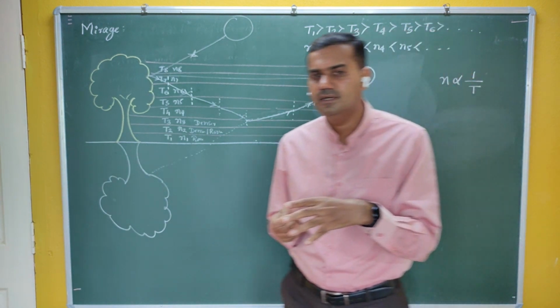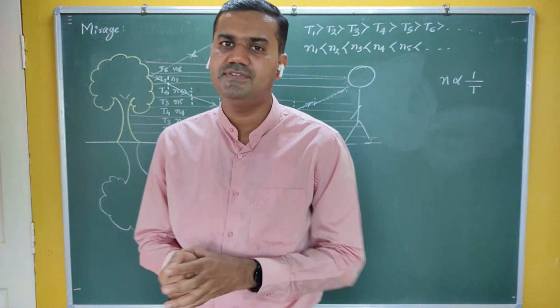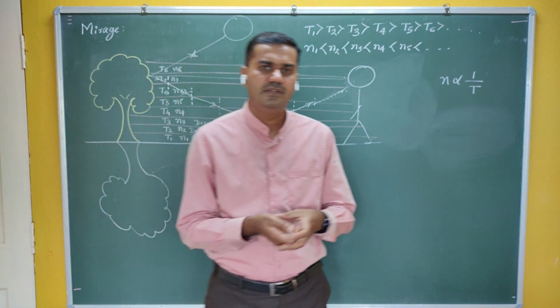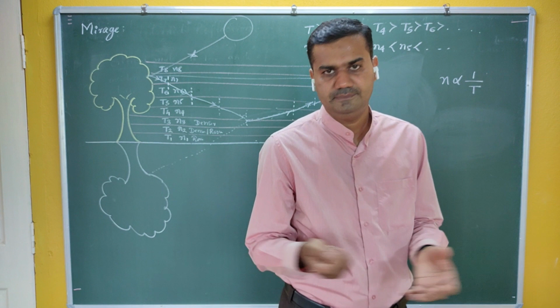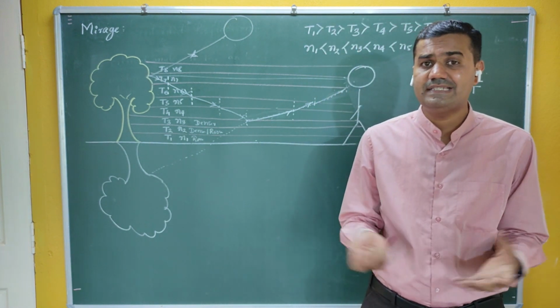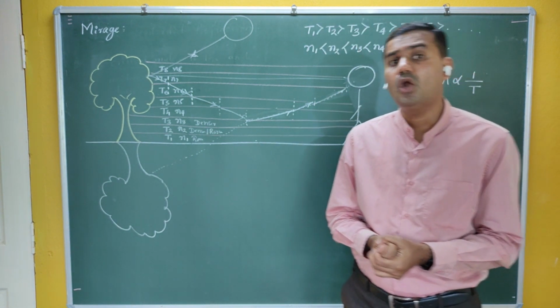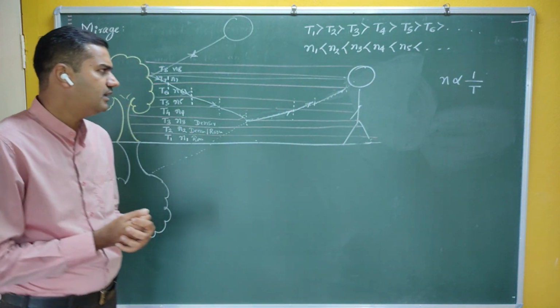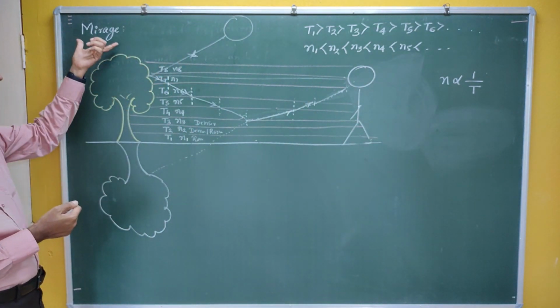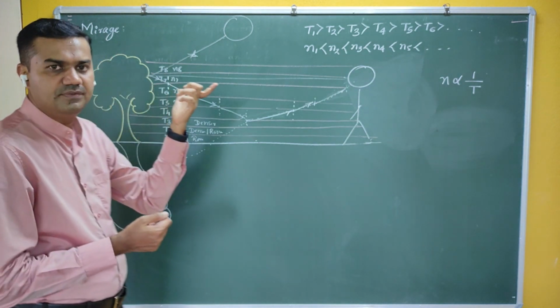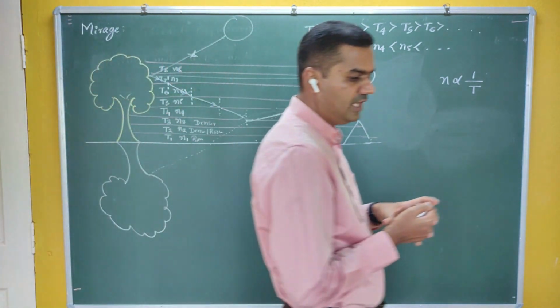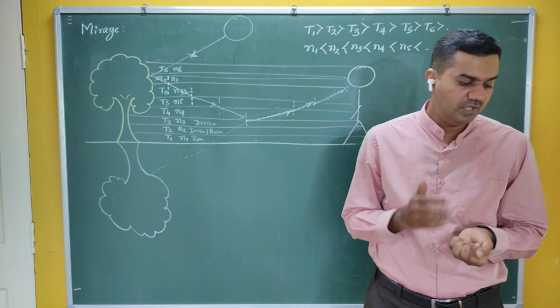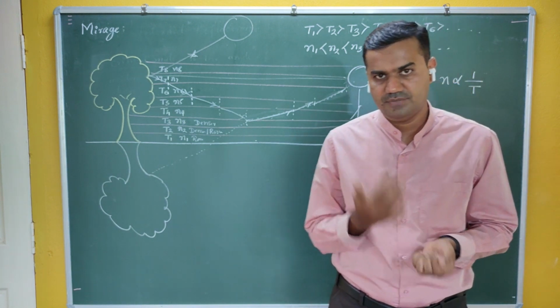But when we go near that particular place, then we clearly see there is no tree. We can't see any patch of water on the road. Therefore, it is an optical illusion. And why this optical illusion? That particular optical illusion is called mirage. And why does this optical illusion take place? It is due to the total internal reflection.